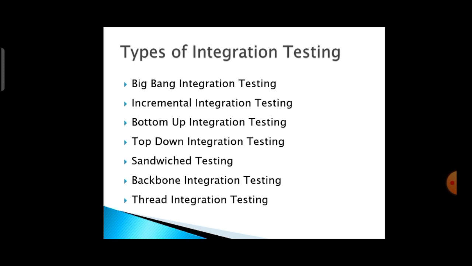Suppose modules A and B are integrated using stubs C and D, and then stub D is replaced by the actual module D. The stub C is replaced by the actual module C and the new stubs E, F, and G.